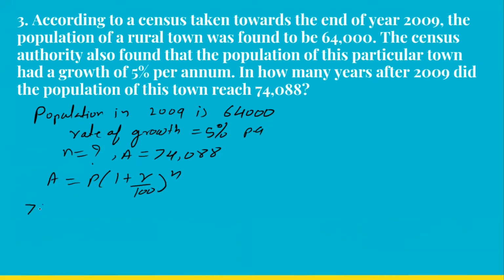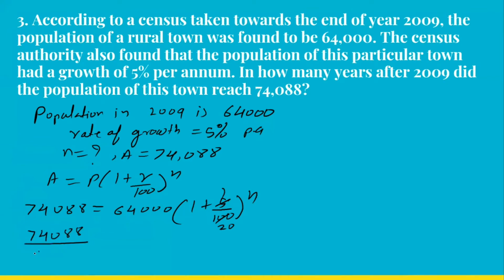So 74,088 is equal to 64,000 in bracket 1 plus R, the rate of increase, was 5% per annum, raised to N. So simplify this, 5 ones are 5, 20s are 100. So we get 74,088 divided by 64,000 is equal to 20 plus 1, which is 21 upon 20 to the power N.